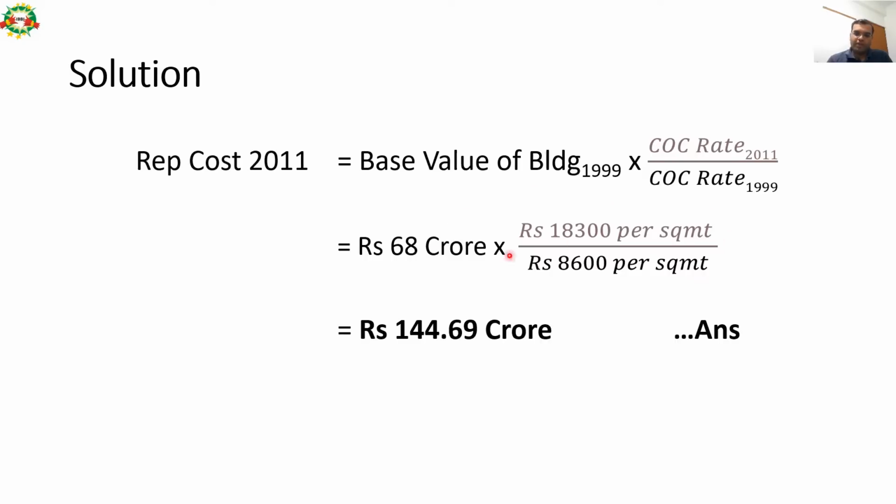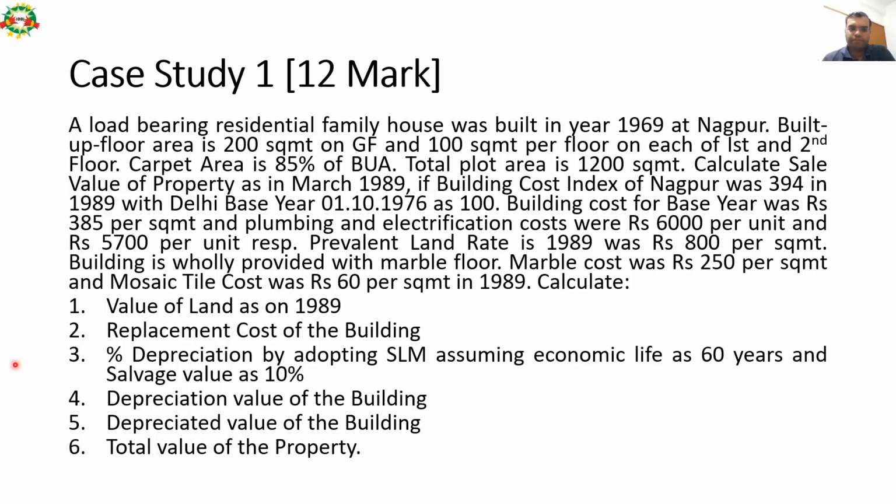So all three figures have been given. If we put 68 crore here, 18,300 here, and 8600 rupees per square meter here, then we will get the answer, which is equal to 144.69 crore, and it is the replacement cost of the hangar in 2011. Again, 1 mark question can come out of it.